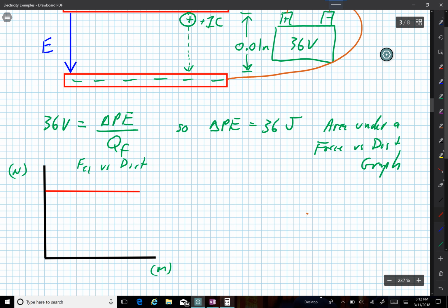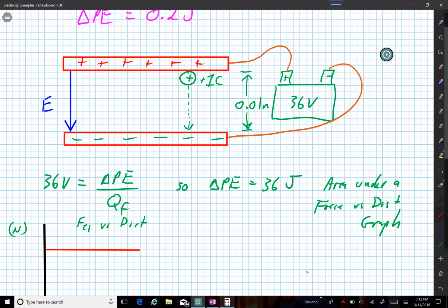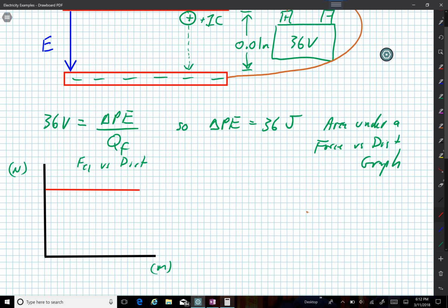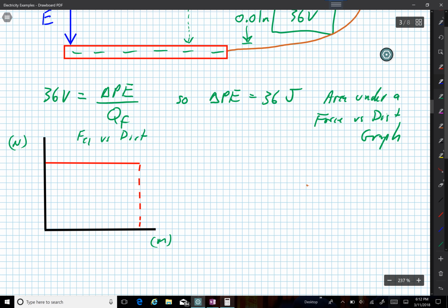It's a nice simple graph because we're dealing with a parallel plate capacitor, and the force between the plates of a capacitor is uniform, which means it's just a straight line graph, nice and simple. And the distance here is 0.01 meters.